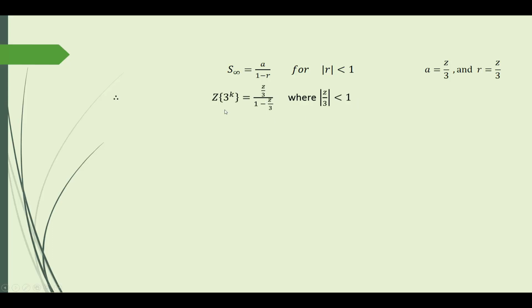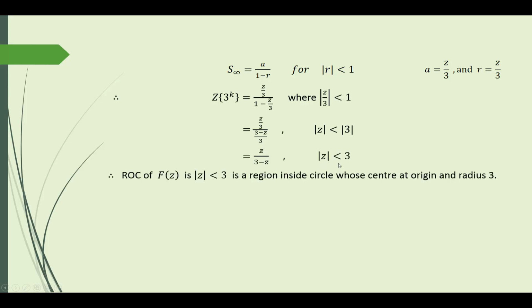Now simplify this: equal to z upon 3 upon, LCM is 3, so 3 minus z upon 3, mod z less than mod 3, the 3 cancels, equal to z upon 3 minus z, mod z less than 3. Therefore, the region of convergence of F(z) is mod z less than 3.